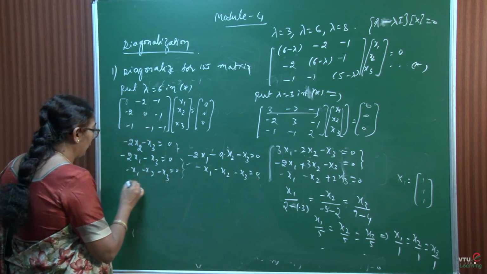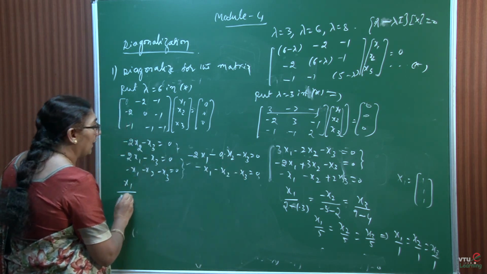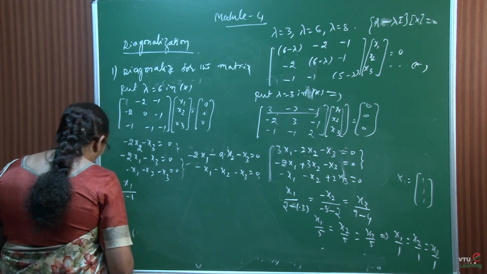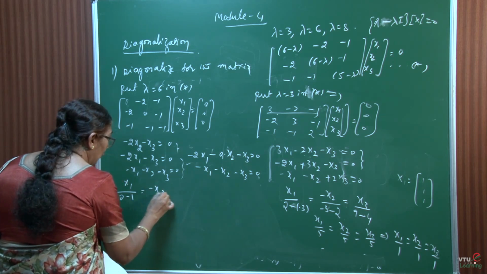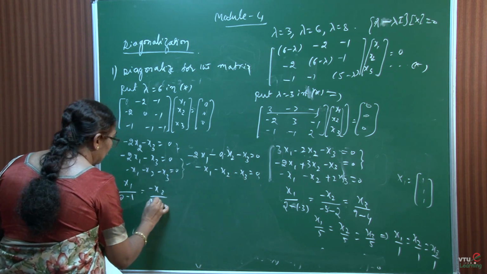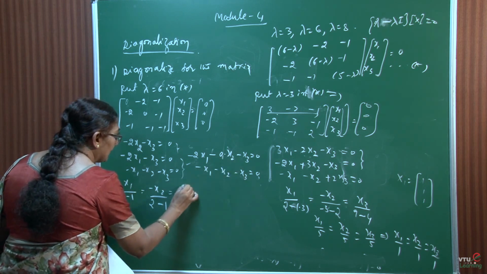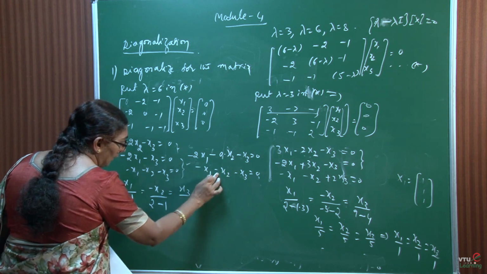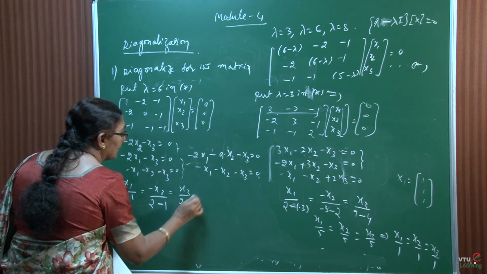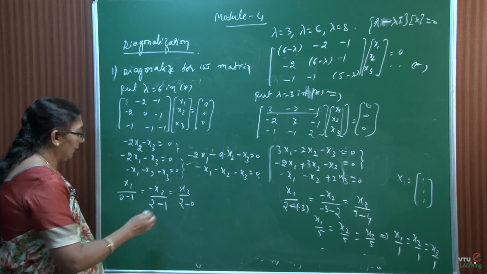Now, from these two, I am going to write x1 divided by 0 minus of minus 1 into minus 1 is 1, we get 1, must be equal to minus x2 divided by minus 2 into minus 1, first and last column, 2 minus of minus into minus, plus 1. Then x3 is first two columns, minus 2 into minus 1 is 2, again you go upper arrow minus of 0 because you have 0. Now simplify further.